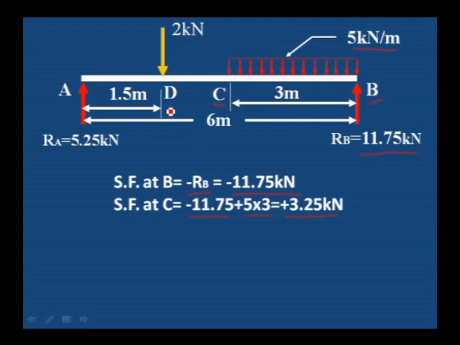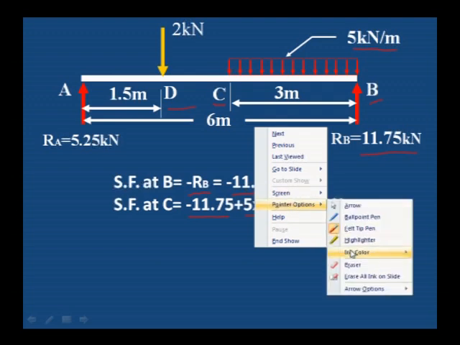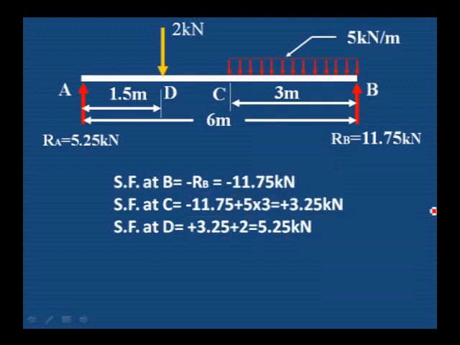Now move towards D, shear force at D. Shear force at D is equal to the previous value 3.25 plus one more point load added here, that is 2 kilonewton. Then shear force at D is equal to 5.25 kilonewton. 3.25 plus 2 is equal to 5.25 kilonewton.